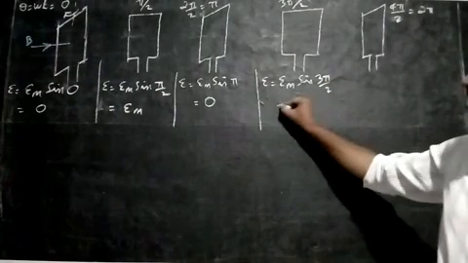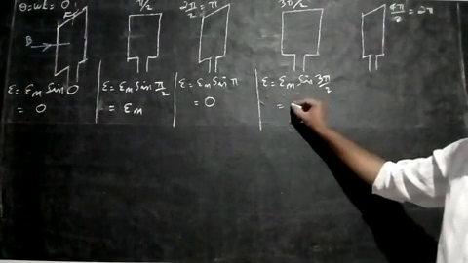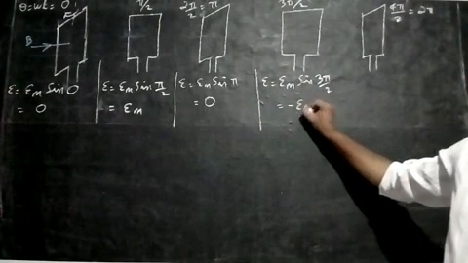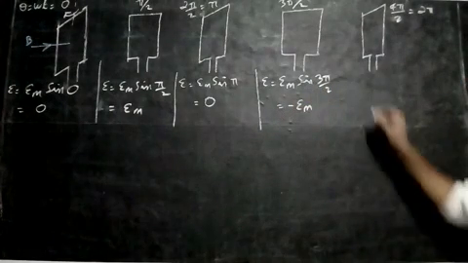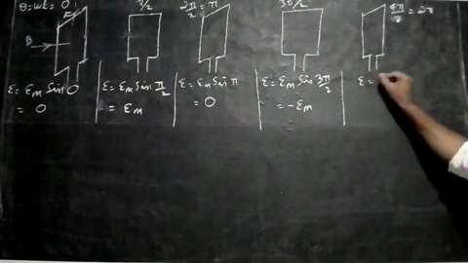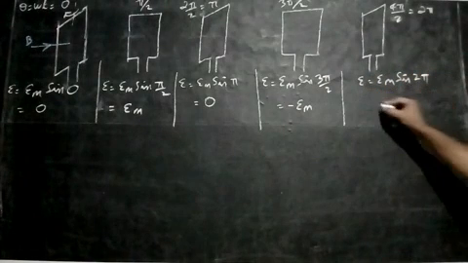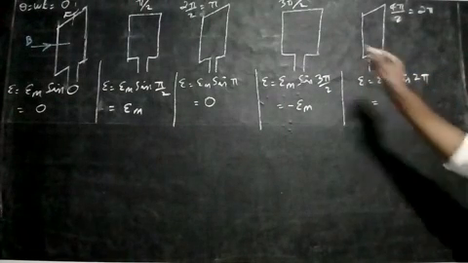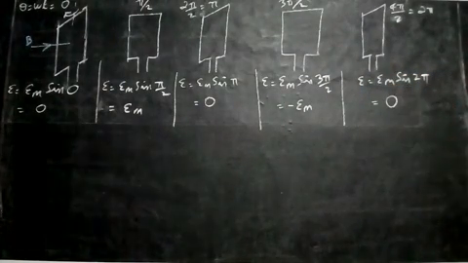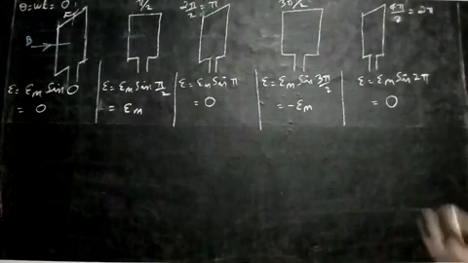In this case the sine will be minus 1, so we get minus EM. Then the last one, E is equal to EM sine 2 pi. Sine 360 is 0 only, so we get 0. So this is the way we get these values.